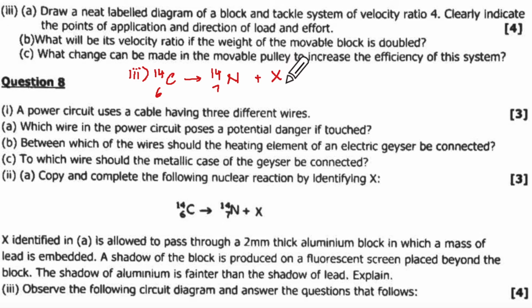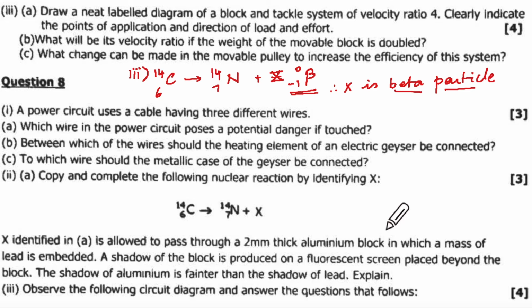So in place of this, you'll write beta 0, minus 1. Therefore X is a beta particle. Don't say beta radiation. Alpha is a particle, beta is a particle, but gamma is a radiation.